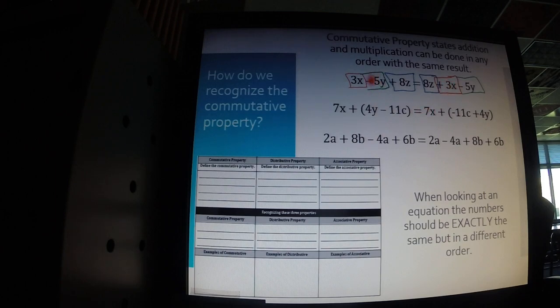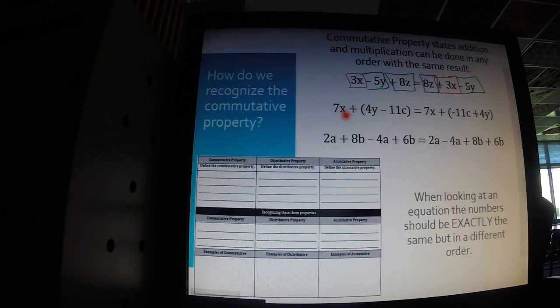And then the negative 5y was in the middle, but now it's on the end. And then here's the positive 8z, now moved to the front. So each term is the same, but it's in a different location. And that's what we mean by, when looking at the equation, the numbers are exactly the same, but they're in a different order.